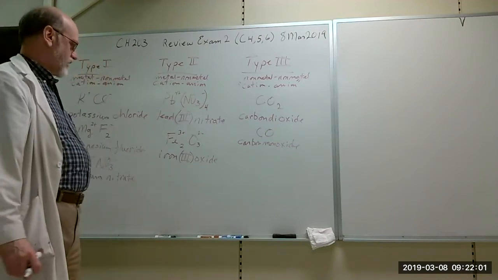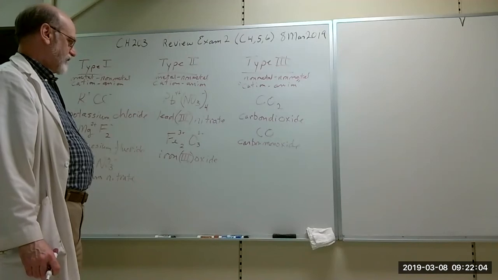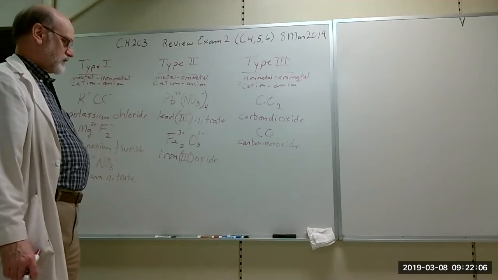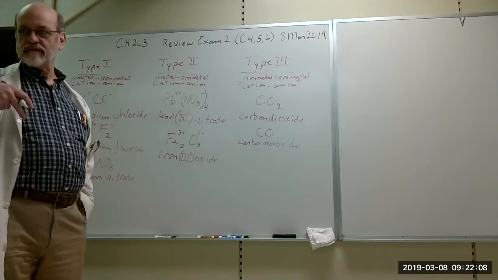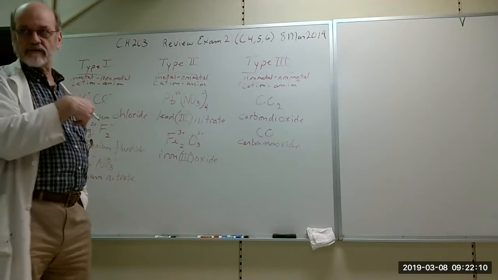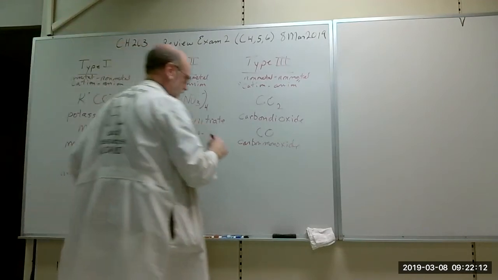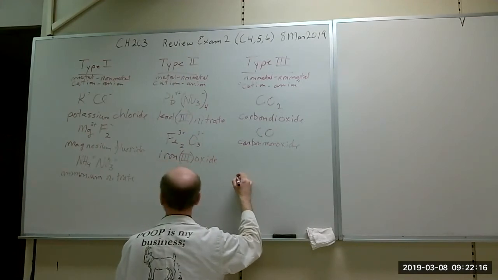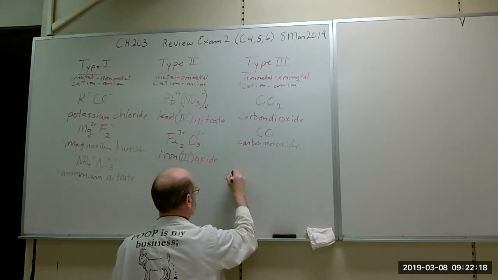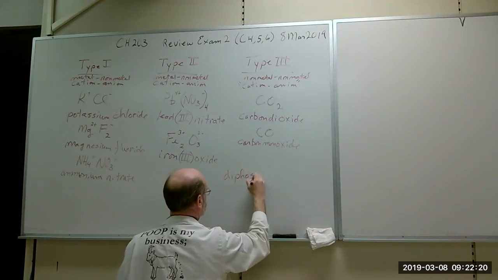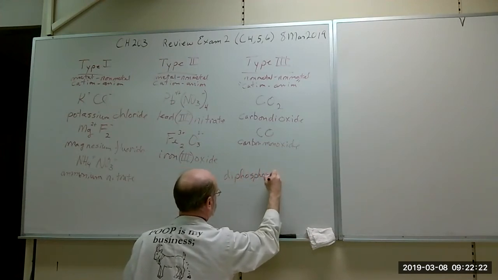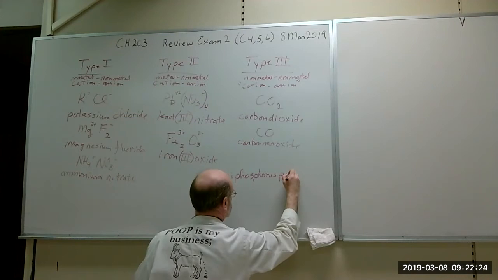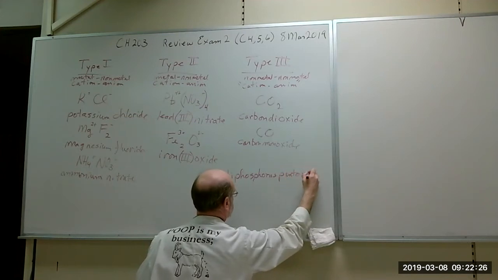Let me write the name, and let's figure out how to go the other direction, write the compound. So how about this one? Diphosphorus pentoxide.